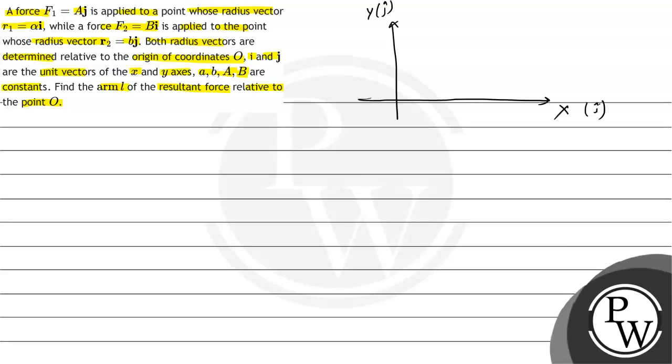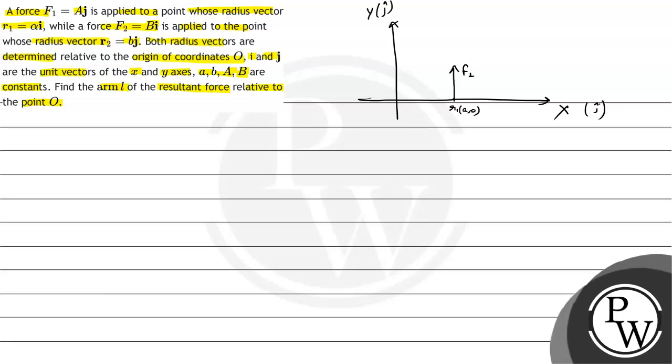First force F1 is applied at radius vector a i cap. So F1 is being applied here at this point R1, whose coordinates are (a, 0) because it is given as a i cap, and the force being applied is A j cap, so it is going upward. So this is given as F1.